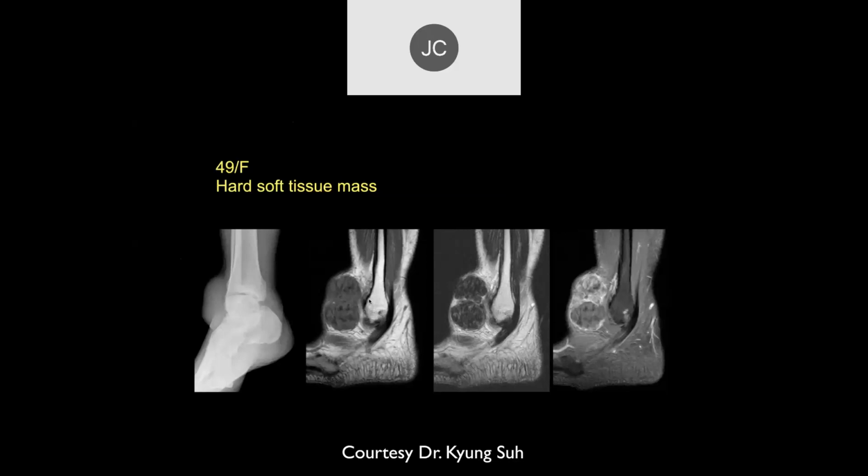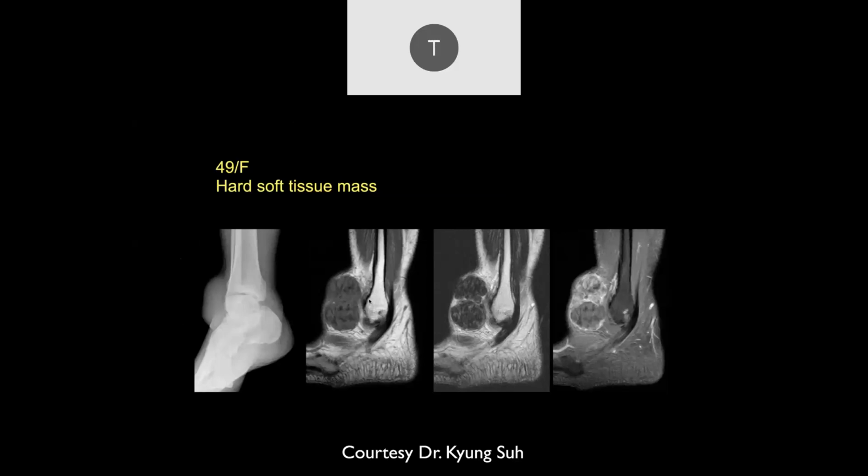Alrighty. Let's see. Elior. All right, so 49-year-old woman, hard soft tissue mass. So the anterior ankle, on the radiograph on the left, just some soft tissue thickening.